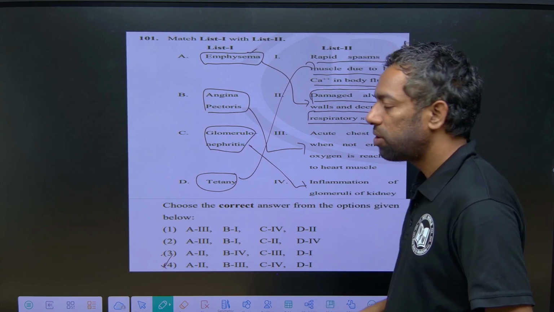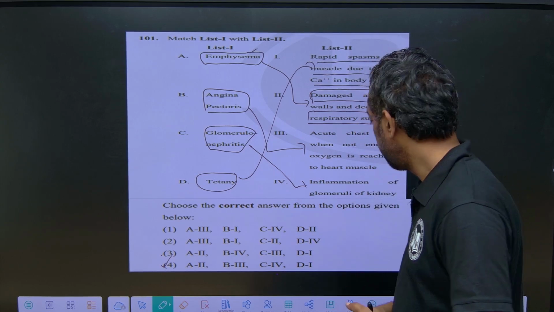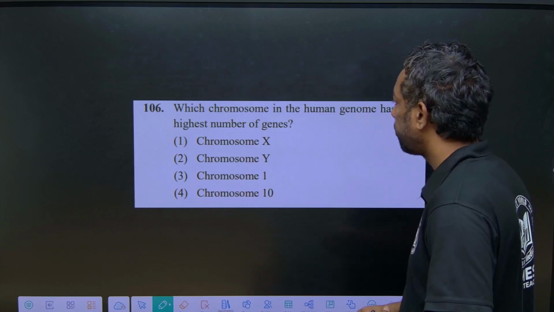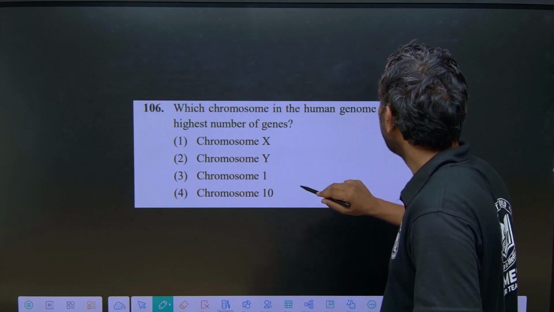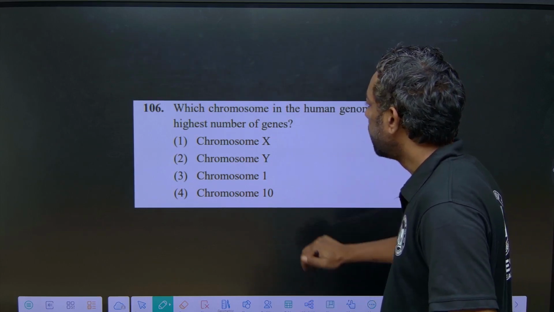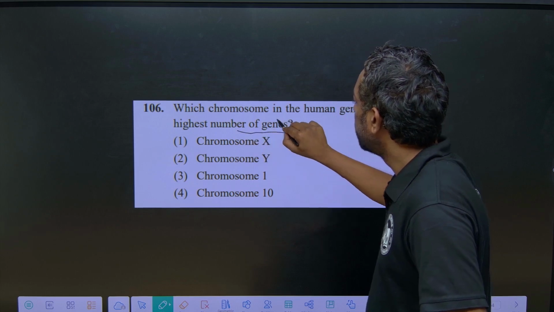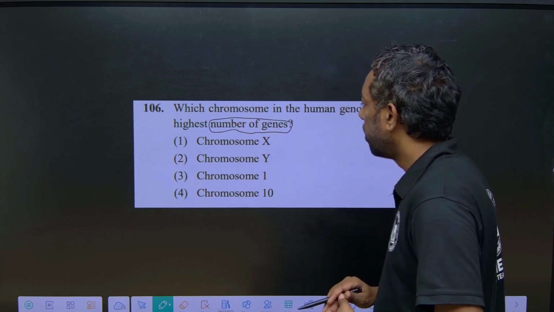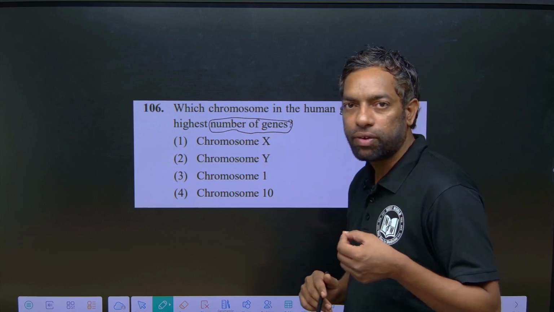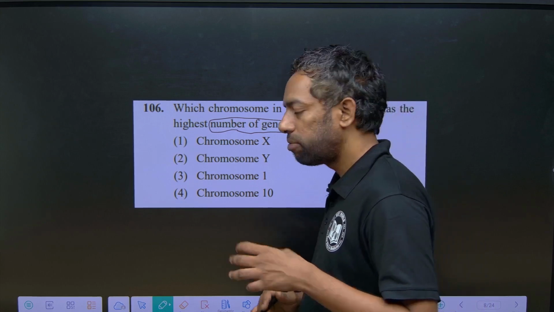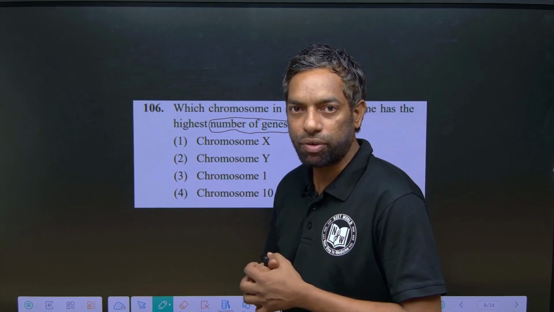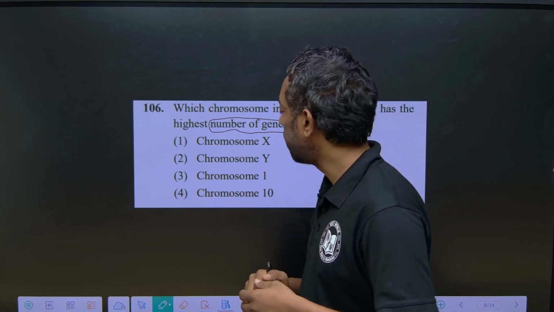Guys, this is a very simple question. And next one: which chromosome in the human genome has the highest number of genes? Which chromosome? It is a difficult question. Nobody thinks about these kinds of questions. There are 23 pairs of chromosomes.